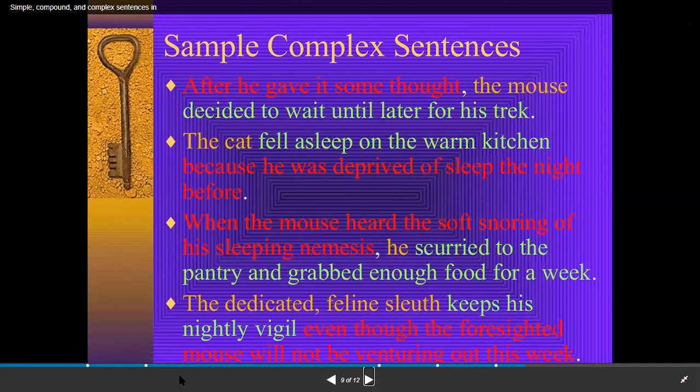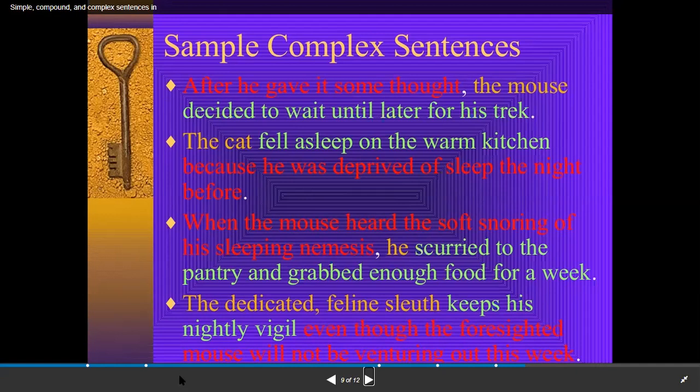It's a complex sentence. Why? Some of us can say that it's a compound one because it has two clauses. This sentence has two clauses, but it's a complex sentence, not a compound one, because these two clauses aren't both independent clauses. One of them is dependent and the other is independent.